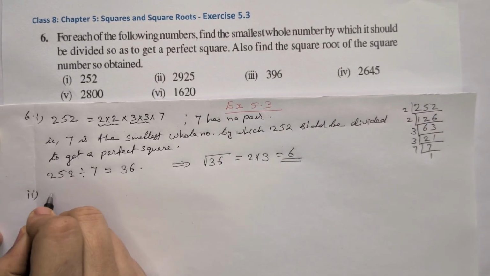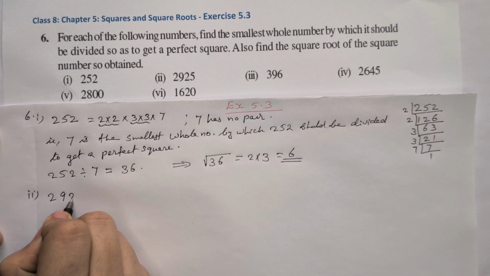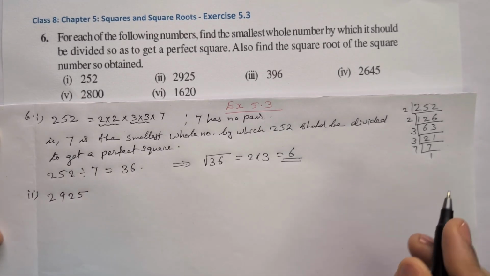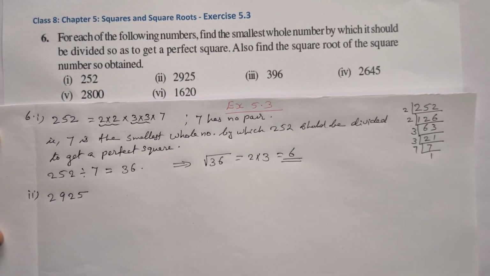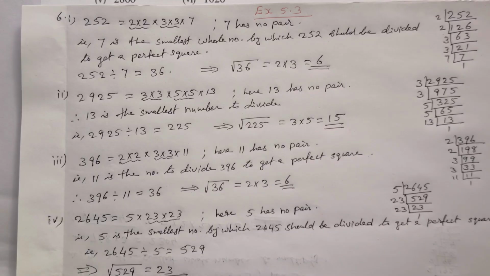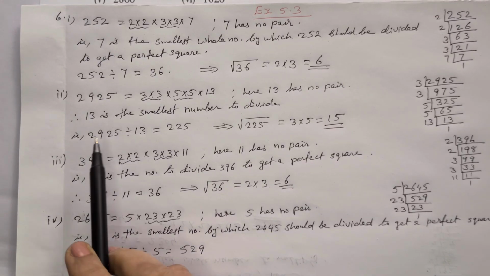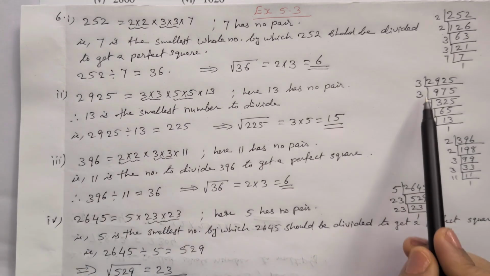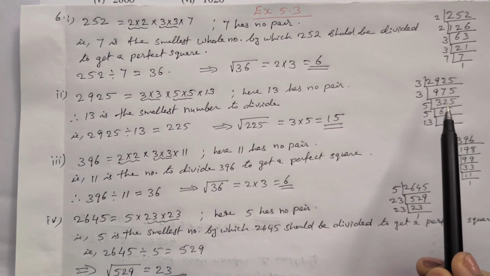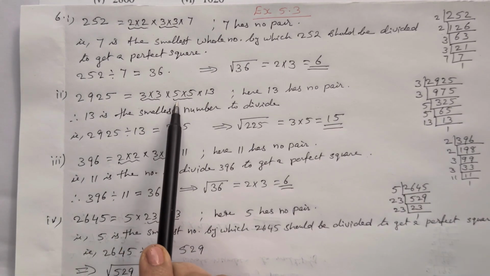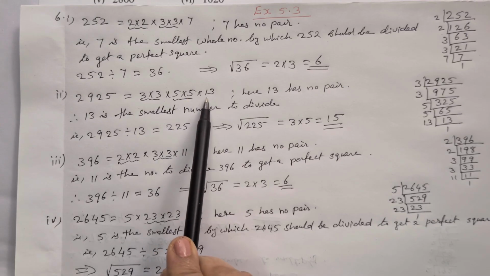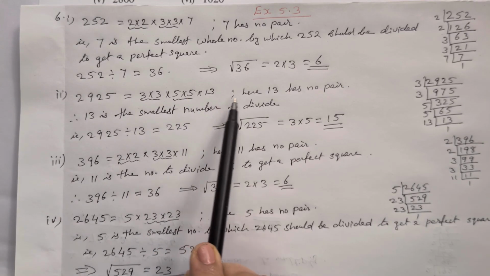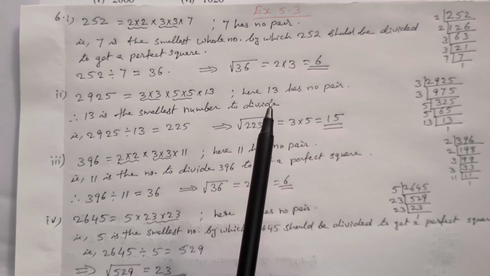Next number, 2925. Same way we have to prime factorize and find the smallest number by which to divide to make that a perfect square. Here 2925, when we are doing the prime factorization, one pair of 3, one pair of 5, and 13 is one time only. That means 13 has no pair.